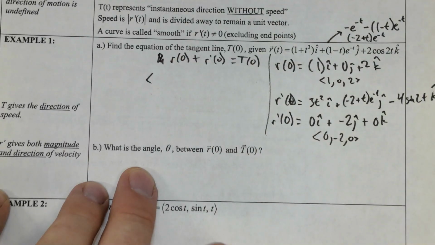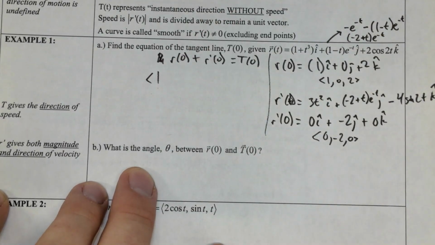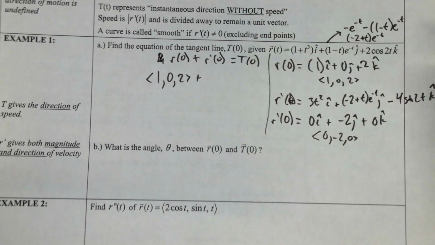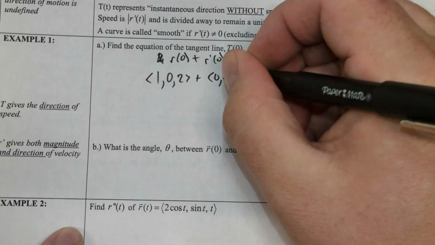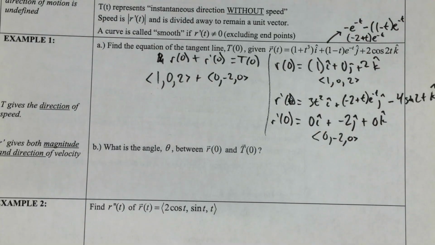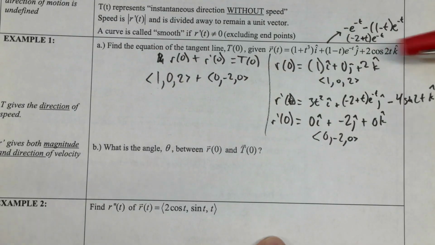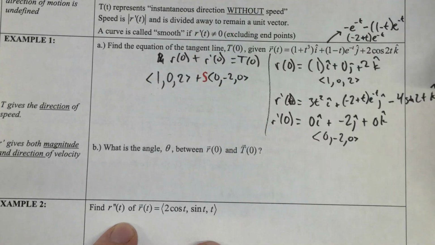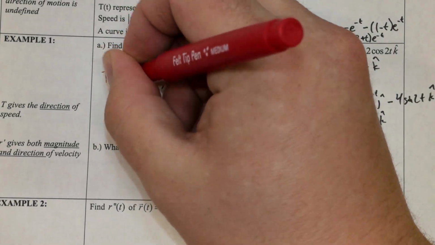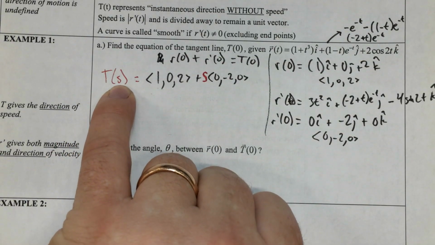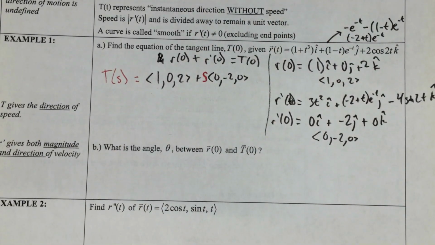This is going to be 1, 0, 2, sorry, I'm spacing out for a moment here, plus 0, negative 2, 0, and I'm going to multiply this by some kind of parameter. Part of my issue is that I already used t in this equation, so it's dangerous to use t twice. So I'll just call this s. So that could be like T of s, the tangent vector at time s, or when I plug in something for s, it will give me the location along that tangent line at t equals 0.